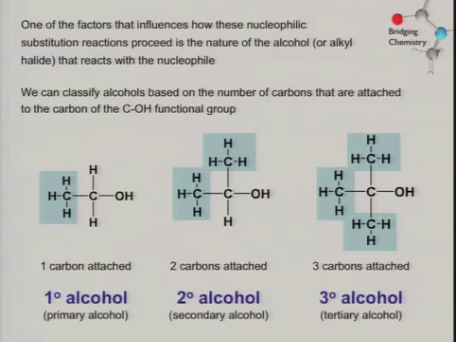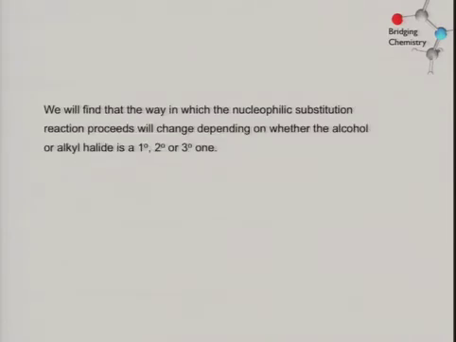It's all about saying how many carbons there are attached to the carbon with the leaving group on it. And so what we're going to find, not today, but later on in the year, is that the actual way that the nucleophilic substitution reaction proceeds depends on whether you're starting with a primary or a secondary or a tertiary alcohol or alkyl halide. Right?